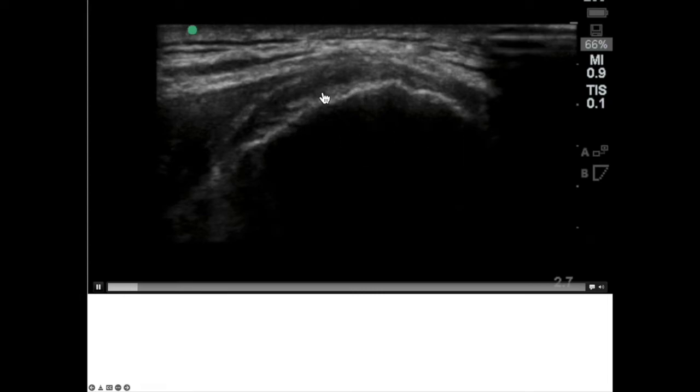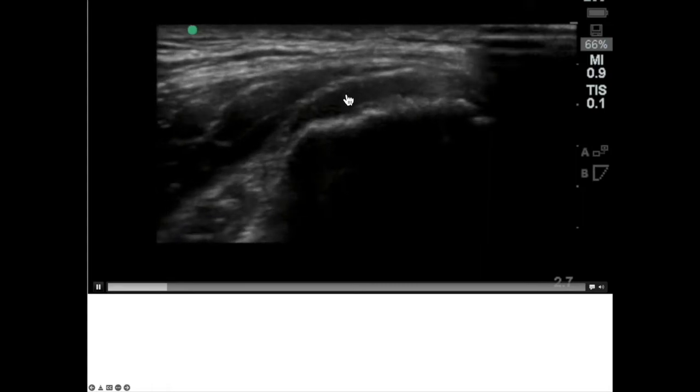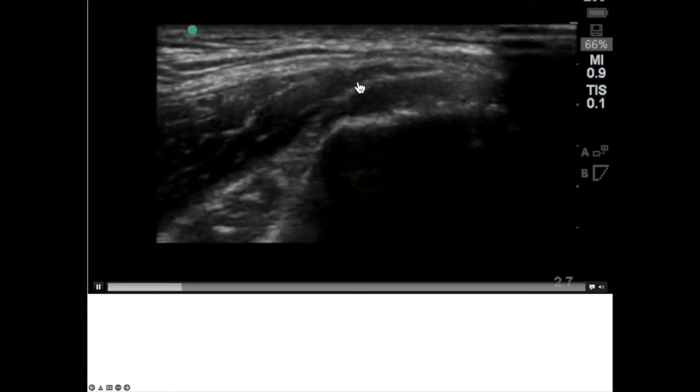And you actually should do a little bit better scan until you see the, okay, beautiful. So this hypoechoic space deep to the fascia lata is the bursa over the gluteus minimus. And when you perform an injection over the gluteus minimus, that's actually where the target is.